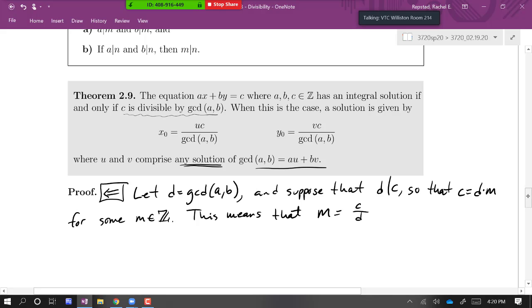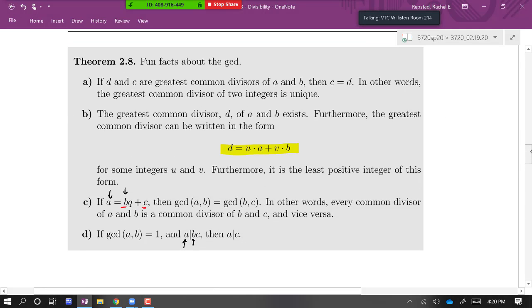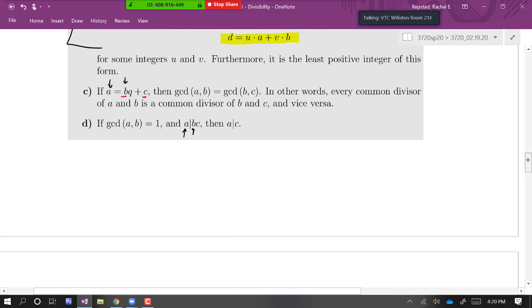Now, if we go back, I'm going to scroll back to this page in just a second, but looking at this result, using part B, we know that there exist integers u and v so that we can write D as a linear combination of A and B, and we're going to use that.